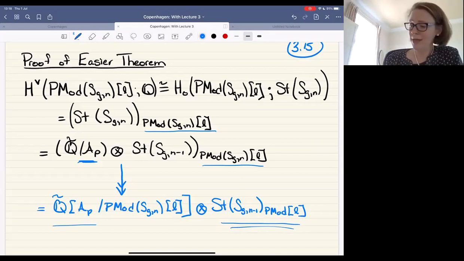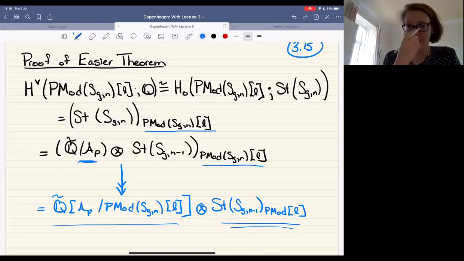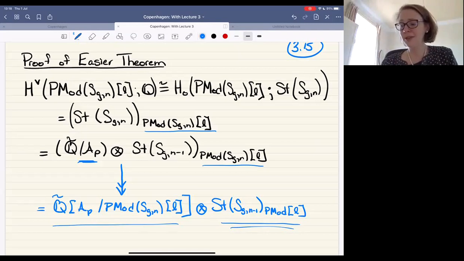And over here, what I'm actually doing is looking at not the set of arcs anymore as generating my vector space, but the set of arcs modulo the action of the level L mapping class group. Okay, so the question is, how many orbits are there under that action?